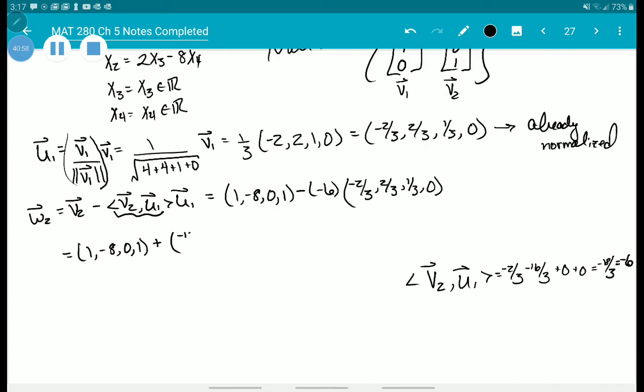So it's negative 12 over 3, which is a negative 4. 6 over 3, which is 2, and then 0.